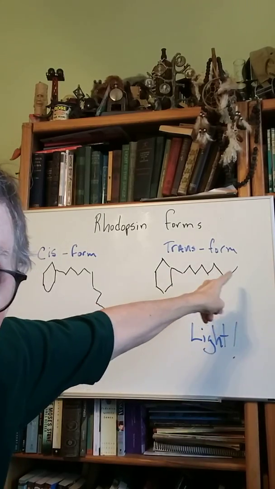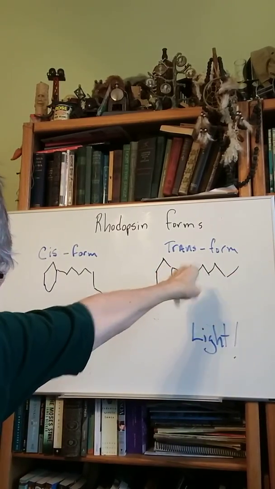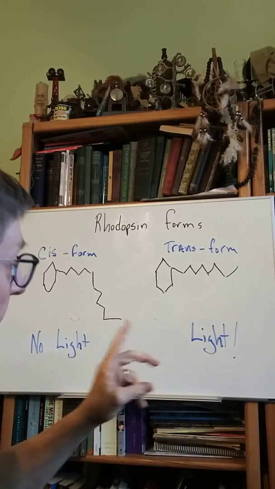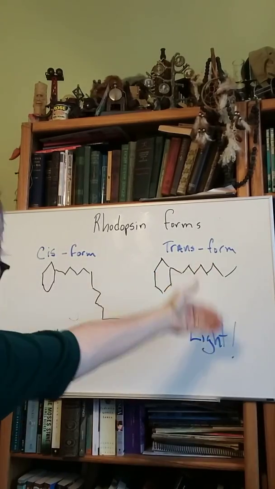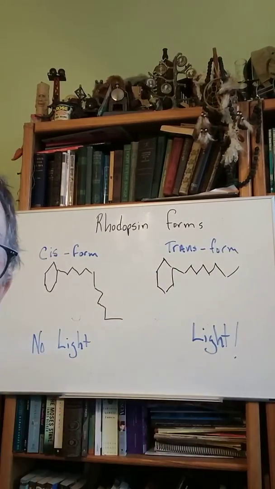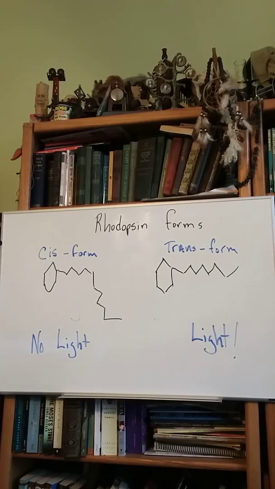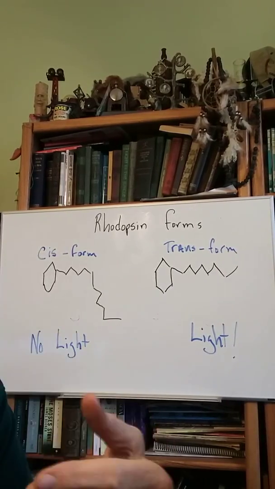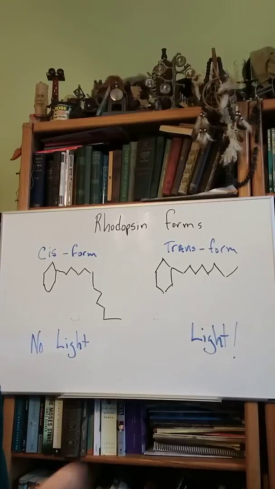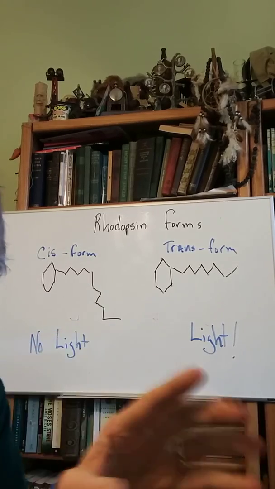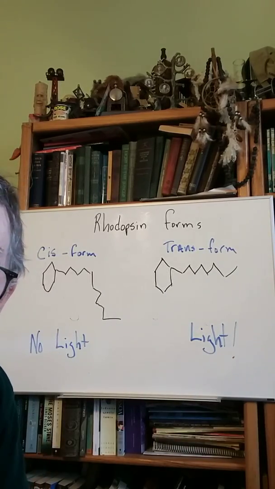It straightens out, and when it straightens out, this is called the trans form. This is the change that happens to the photoreceptor that causes the signal to be sent to your brain, saying, I have light. You know, this pixel in the TV picture, if you will.